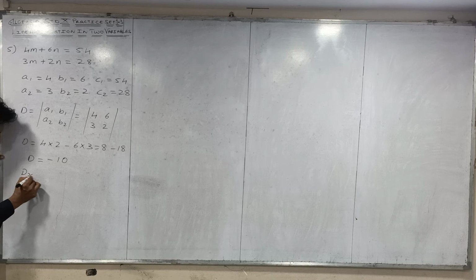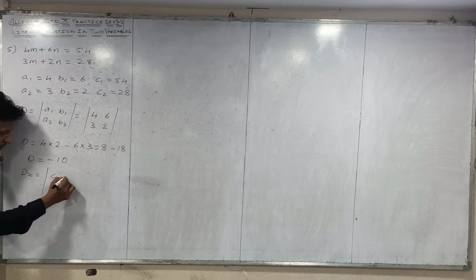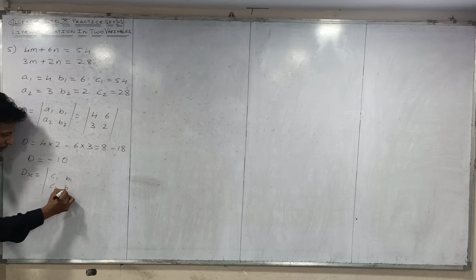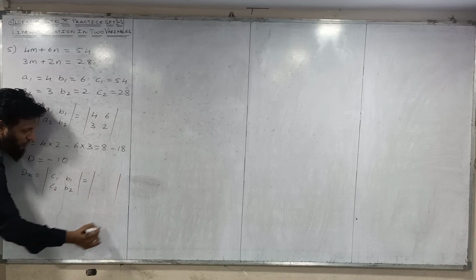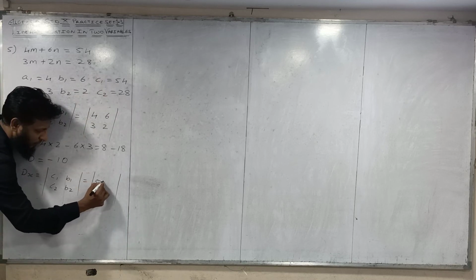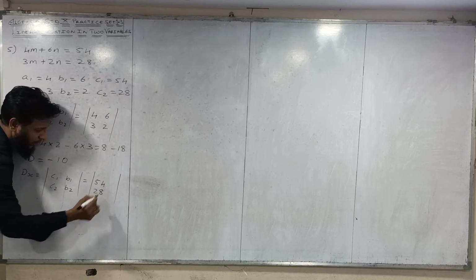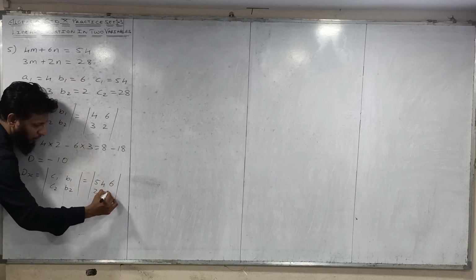Then the dx formula is C1, C2, B1, B2. Okay, then write the values: C1, C2 are 54, 28, B1, B2 are 6, 2.